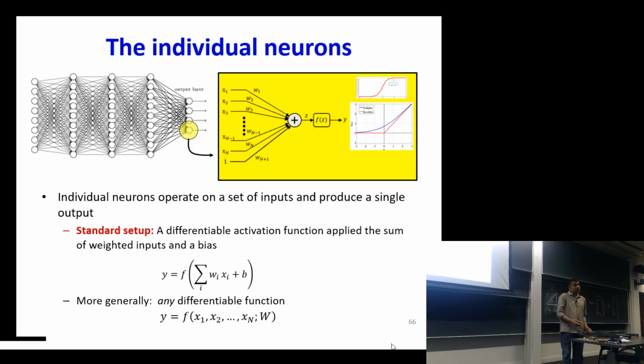Now the individual units themselves are going to be what we've seen before. Each unit gets a bunch of inputs from somewhere, which could be the outputs of other units. You're going to compute an affine combination of all of its inputs, and then that goes through some activation.